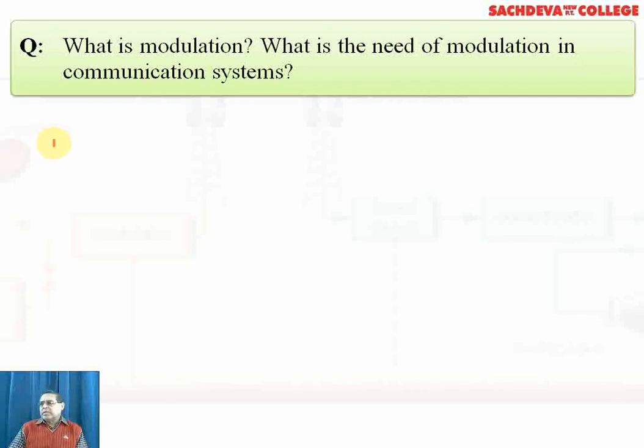So if you want to send an audio signal to large distances, first of all, the audio signal is passed into a microphone and converted into electrical signals. Simultaneously, the Hertz oscillator is used for providing the radio waves or the carrier waves.